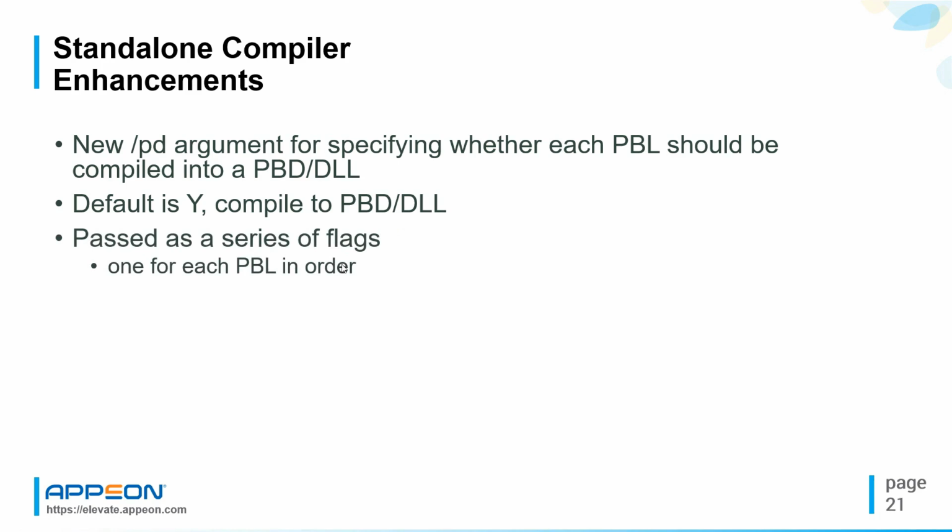Now the big difference between how it's done with OrcaScript and how it's done with this new PD argument is that with OrcaScript, you had to provide a flag for every pibble, and with the PD argument, you don't. You only have to provide arguments up through the last pibble where you want to specify that you want it in the executable.